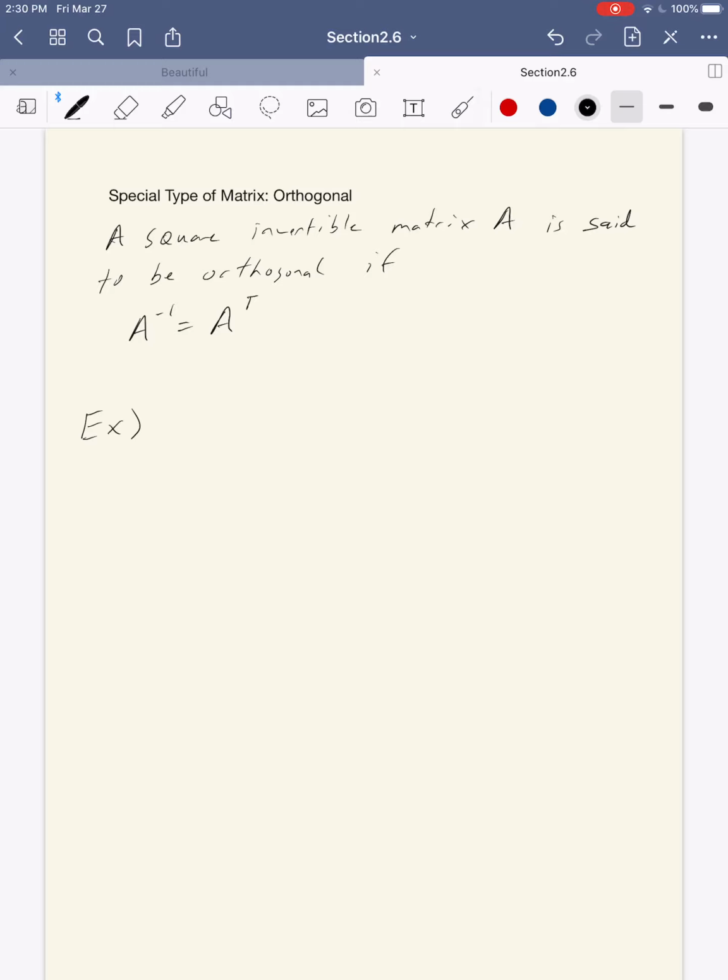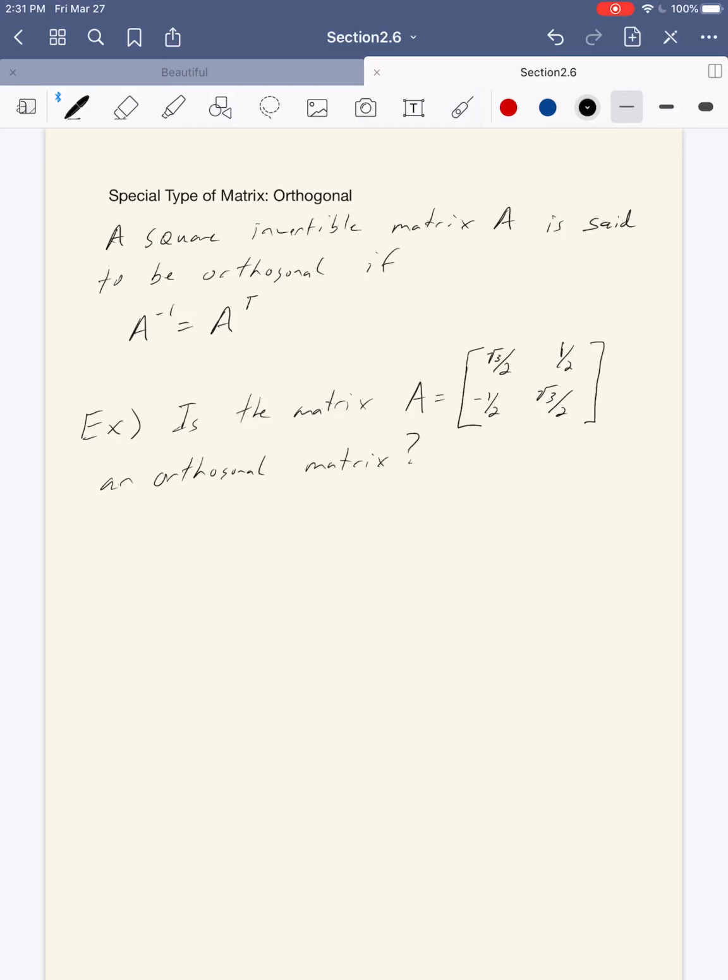So an example is, let's try to decide, is the matrix A equals root 3 over 2, 1/2, negative 1/2, and root 3 over 2, an orthogonal matrix?